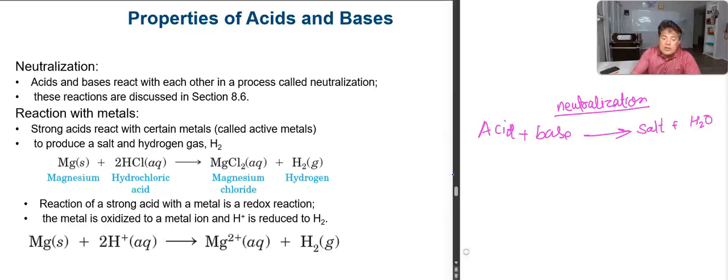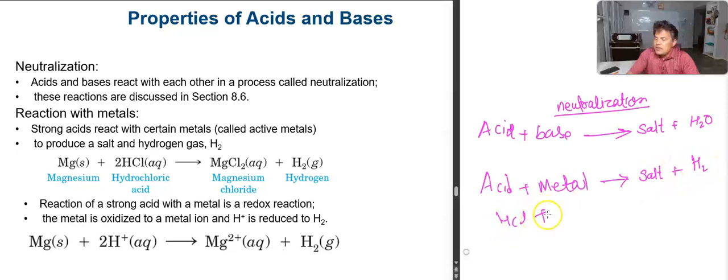Now, reaction with metals. A strong acid reacts with certain metals called active metals to produce a salt and hydrogen gas. An acid property is that acids react with some metals, not all metals, okay guys, and that gives you a metal salt plus H2 gas. For example, HCl plus zinc, a very important example, gives ZnCl2 plus H2 gas.